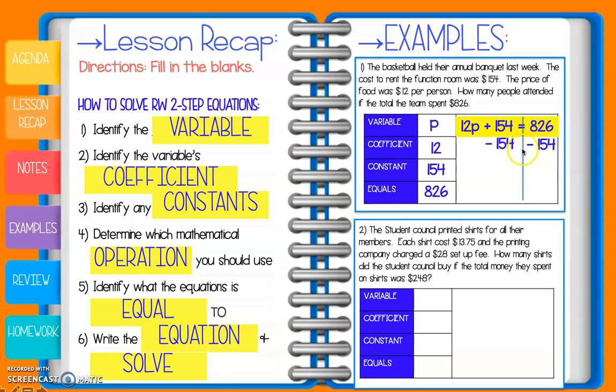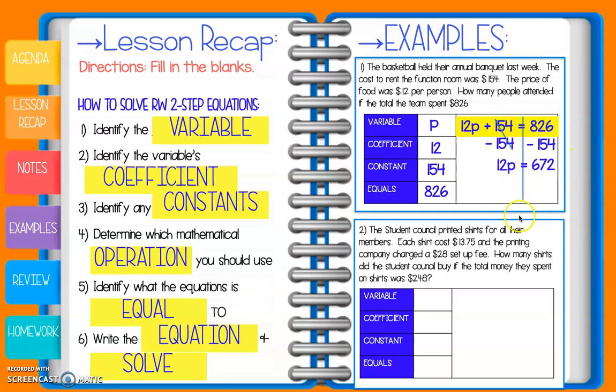So I'm going to have a plus 154 and a minus 154, and those two are going to cancel out. And I'm only left with my 12p. So now we have 12p equals, and now I've got to do 826 minus 154, which gives me 672. Now we're down to a one-step equation that we know how to solve.